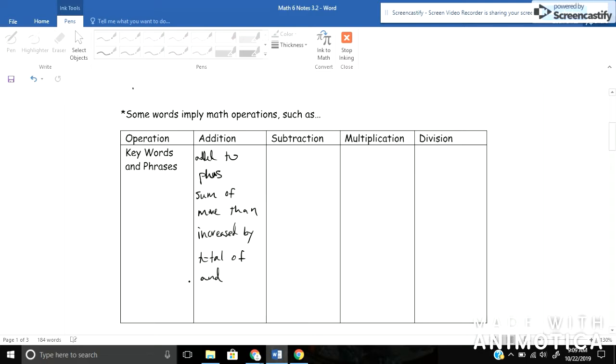All of these different keywords can mean to add. So we've got quite a few different keywords for addition.